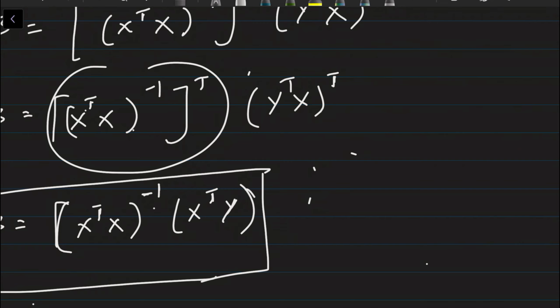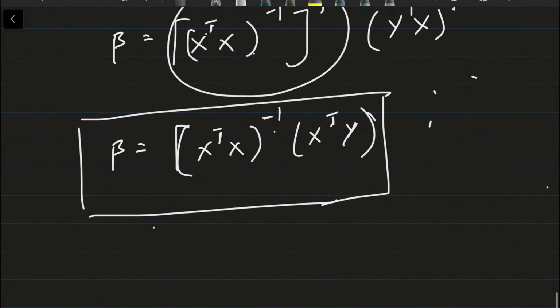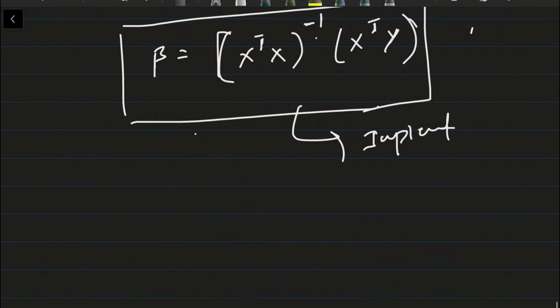We use gradient descent because it takes high time complexity to invert a large matrix. So let us implement this using a small example. Let us suppose we have area and price.